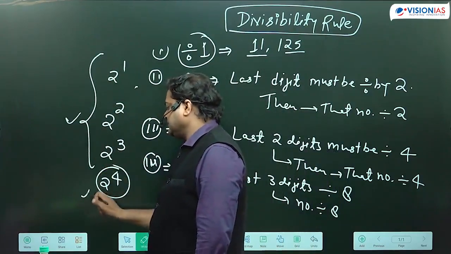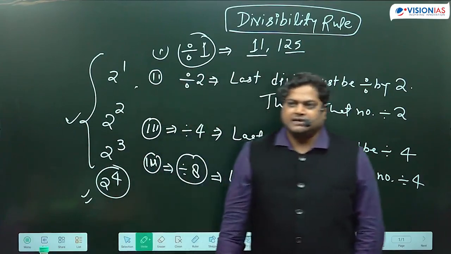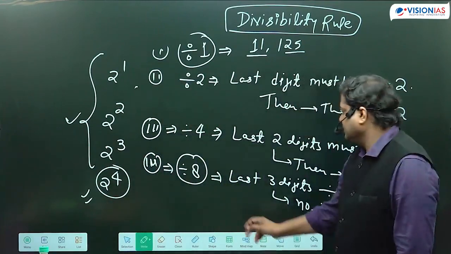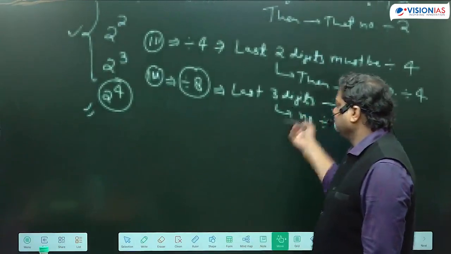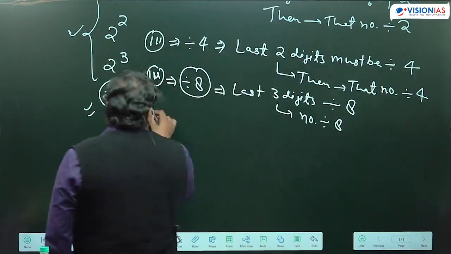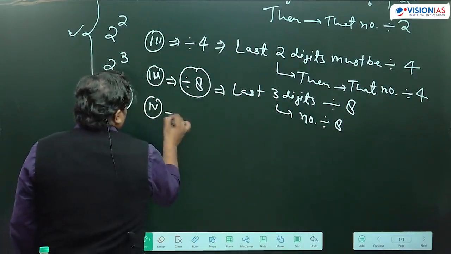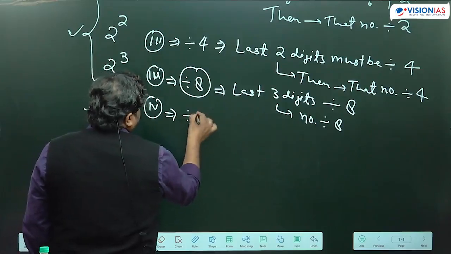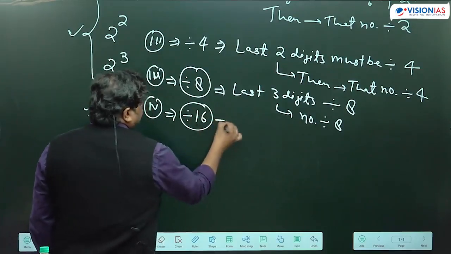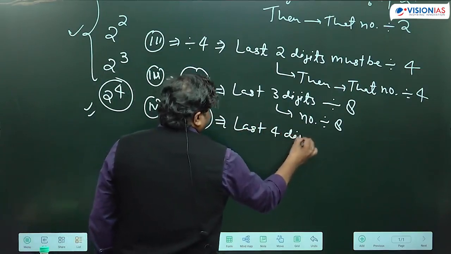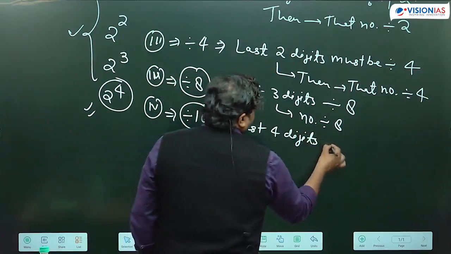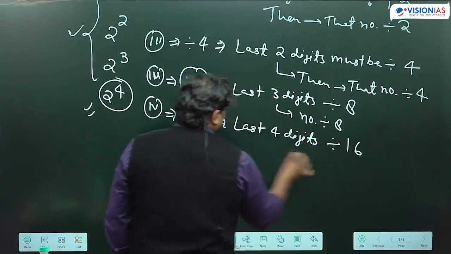But in case they are asking this way, we can have this idea कि ये भी होता है. Last 4 digits must be divisible by 16.